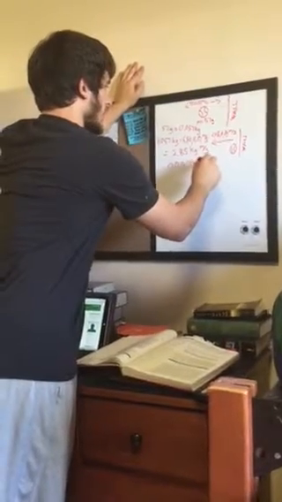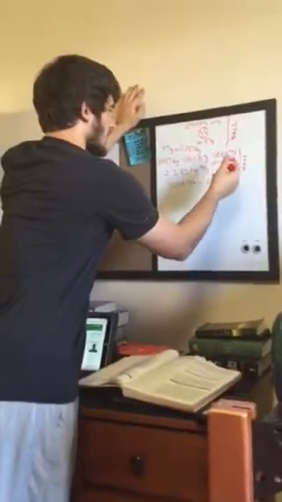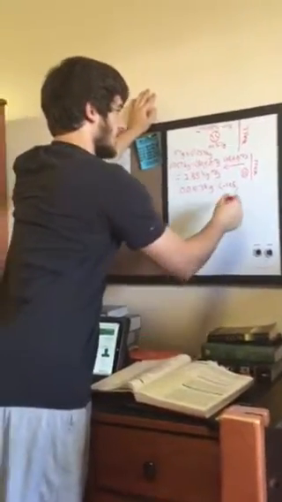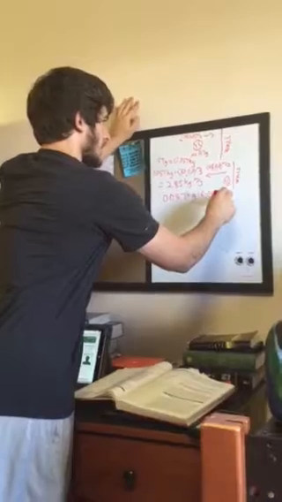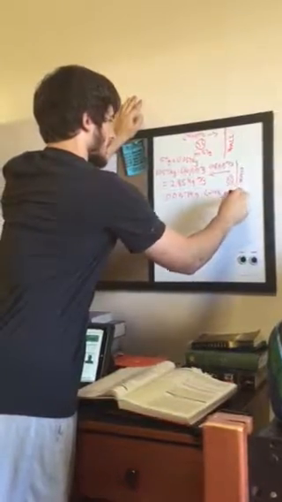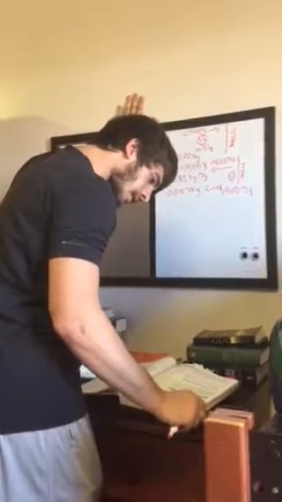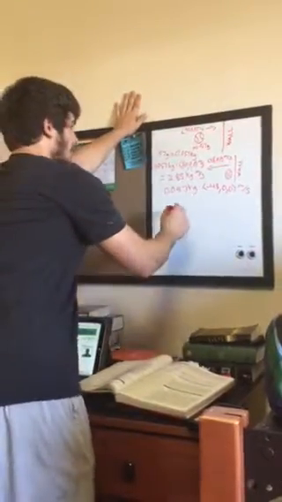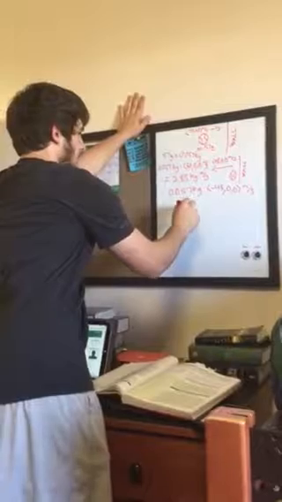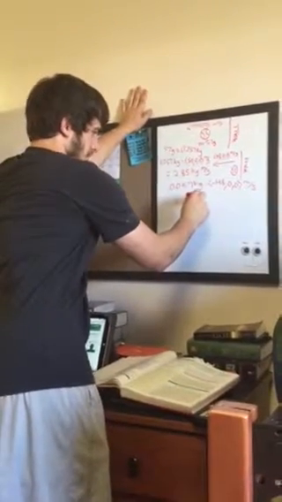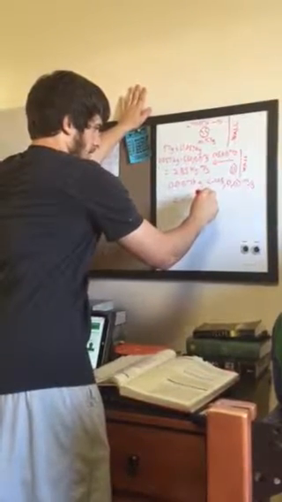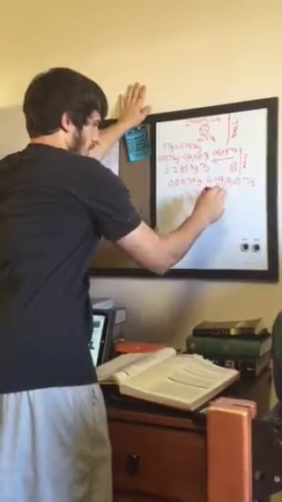But we're going to give this one a negative since it's traveling in the opposite direction. And we plug that into the calculator, and that gives us negative 2.763 kilograms meters per second.